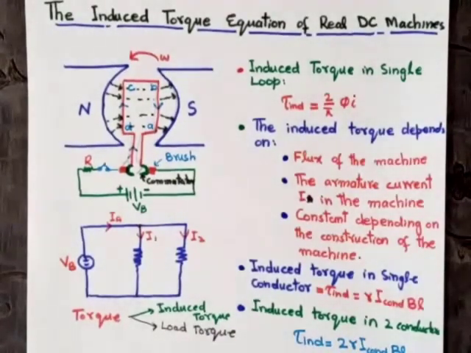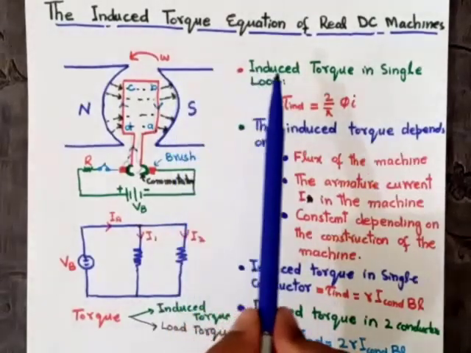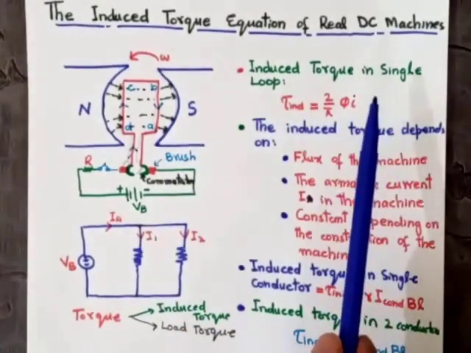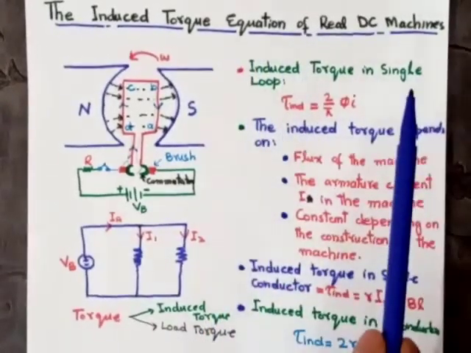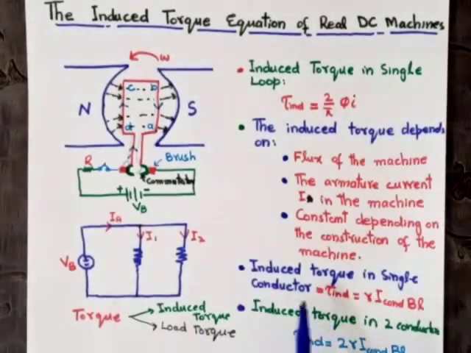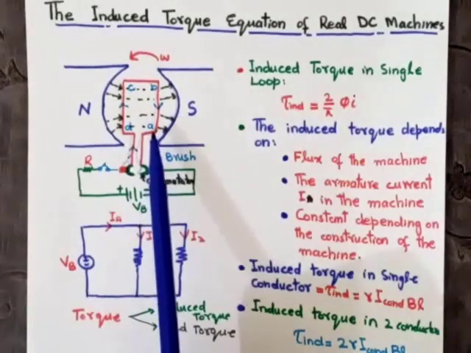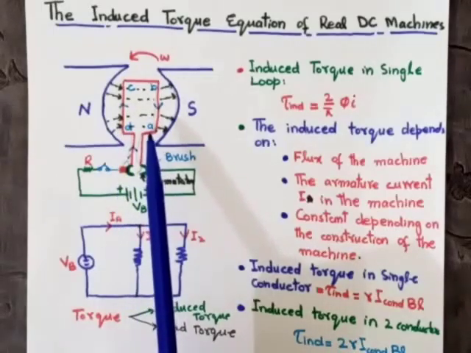Now we will discuss the derivation of the induced torque equation of real DC machines. That is, how to find the torque in real DC machines. As we know, in case of a single conductor, the induced torque equation is tau induced equal to RILB. As you can see in this figure, there are two conductors.